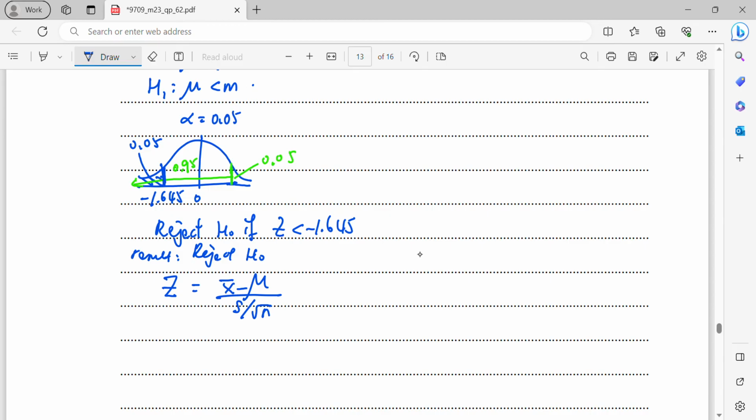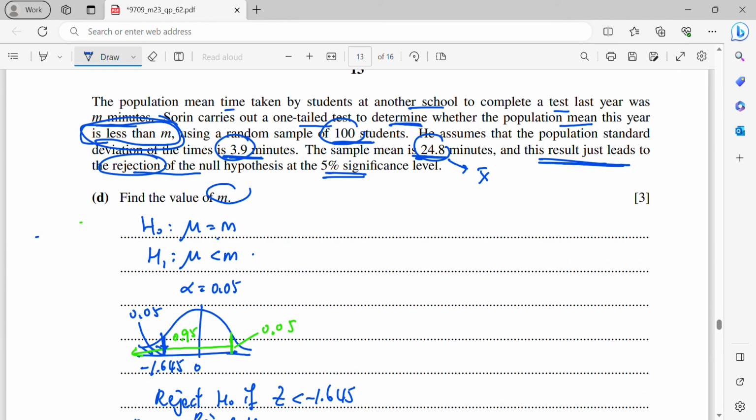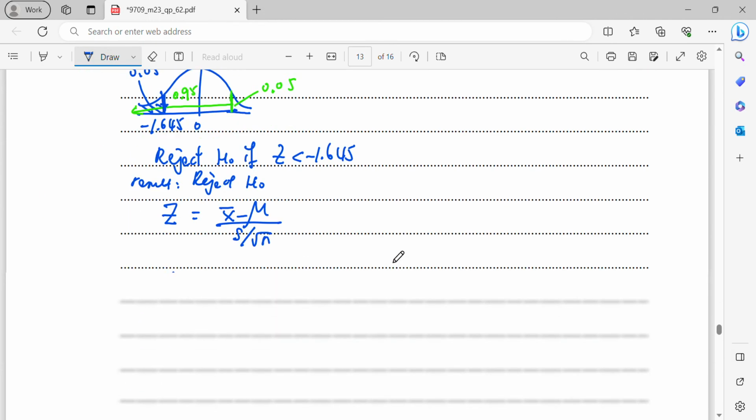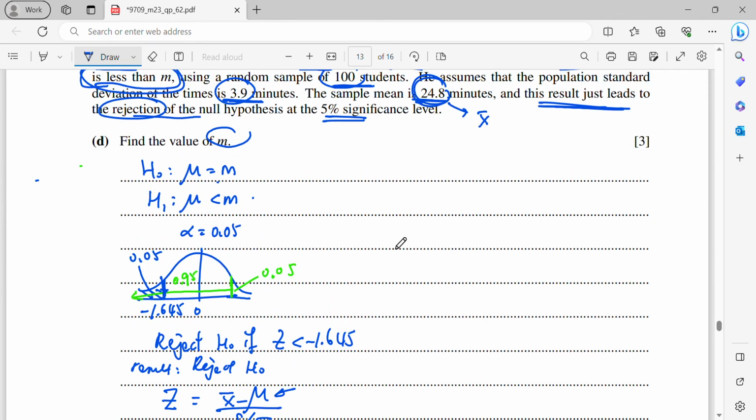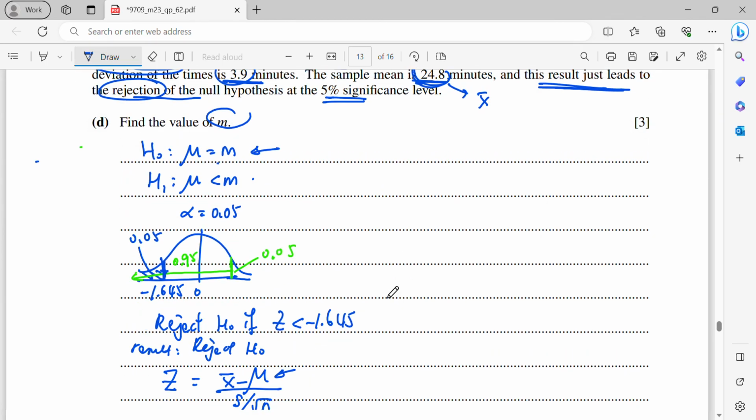So when we reject H naught, it means that it will be minimum 1.645, right? So negative 1.645 equals x bar, which is given as 24.8. The mu is the mu at the H naught, so when you refer to the H naught, the mu is m.